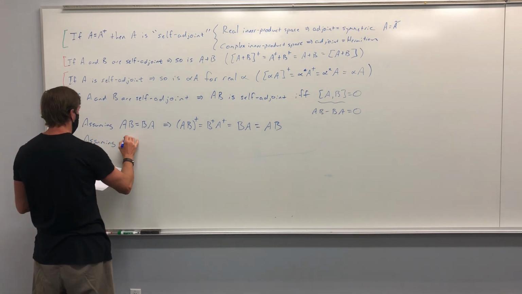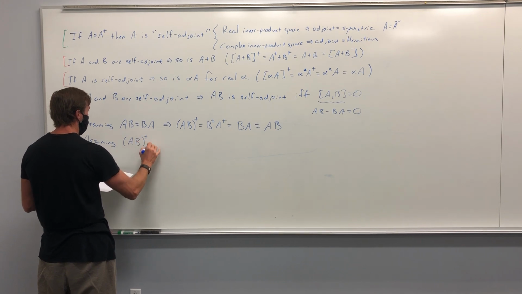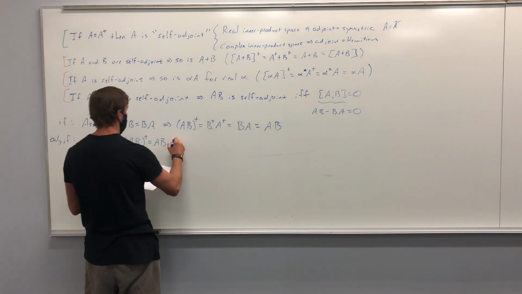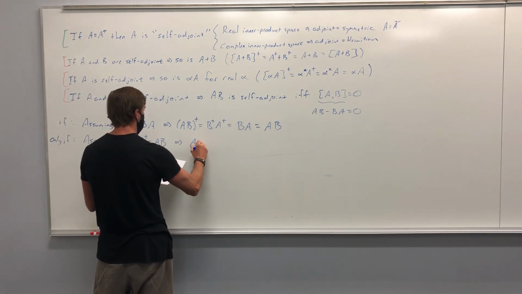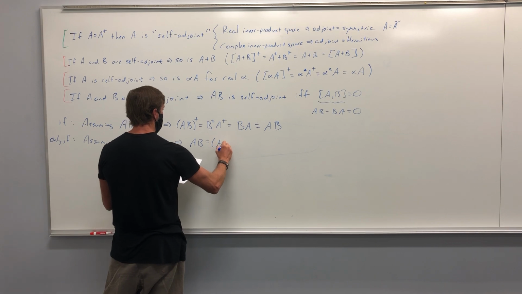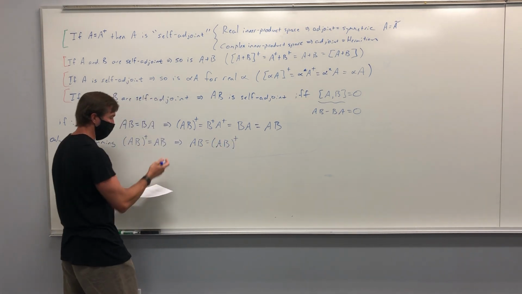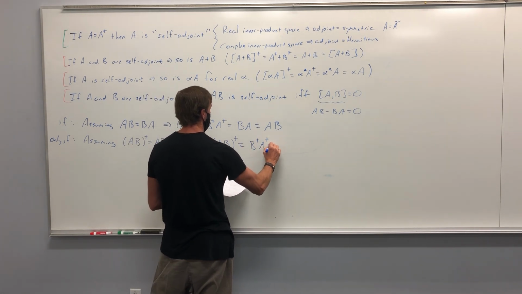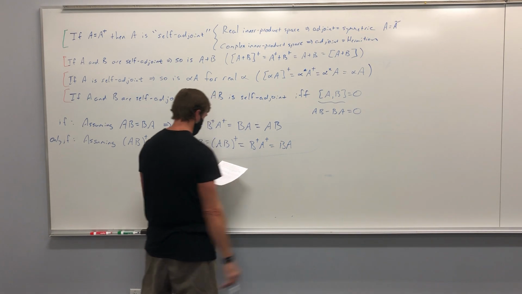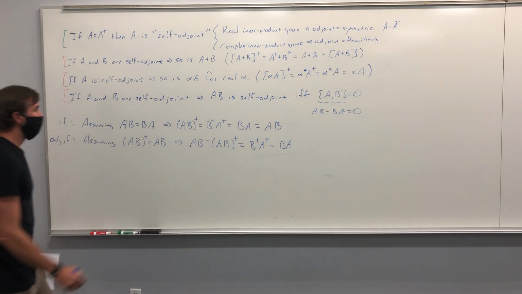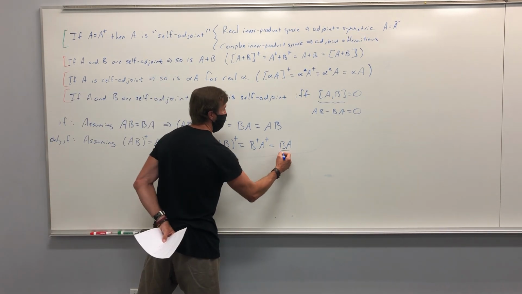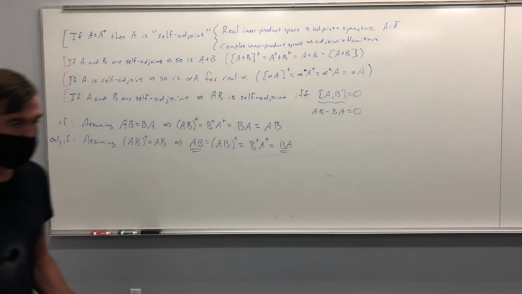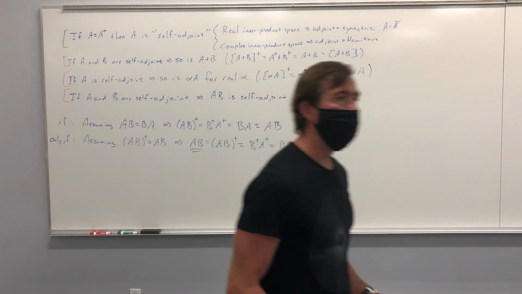Assuming that the product AB is itself self-adjoint, then we have that AB is equal to AB dagger. That's the statement that you're starting with. But this is B dagger A dagger. They're self-adjoint, so that's BA. And what you just demonstrated is that they do in fact commute. Are you on board? Good?